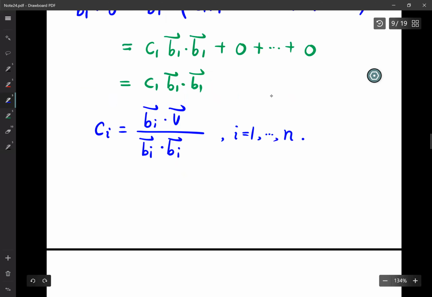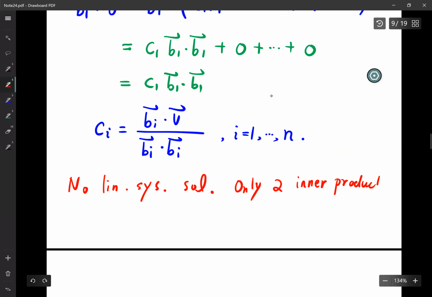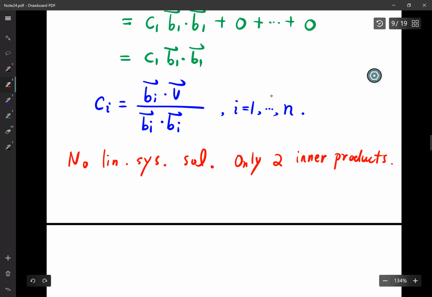This is really simple to compute. Why? Because there's no linear system to solve. The computation is only two inner products, and you have seen that inner products or dot products are really easy to compute. You just multiply element-wise and add them together, then you're done.